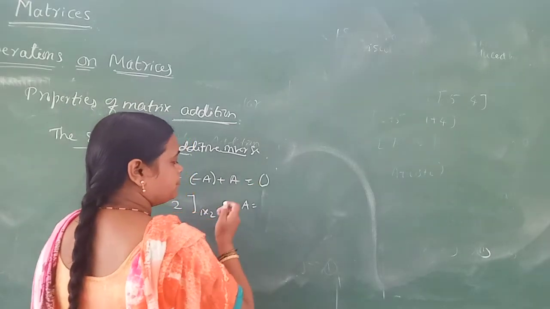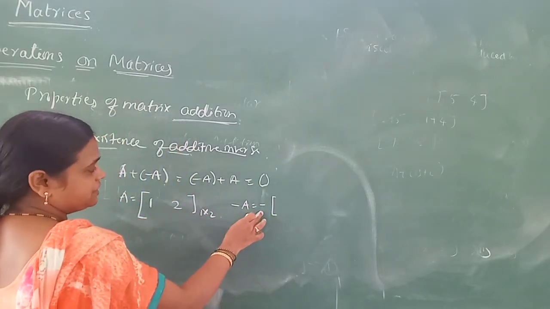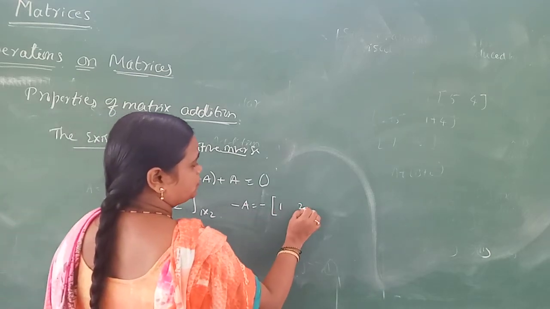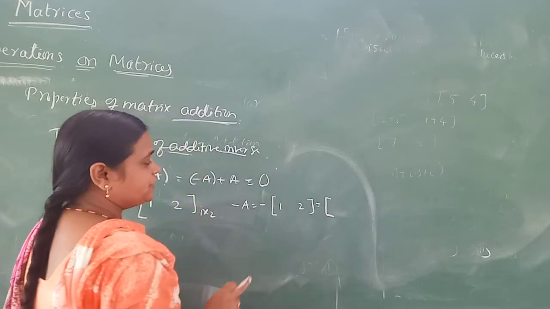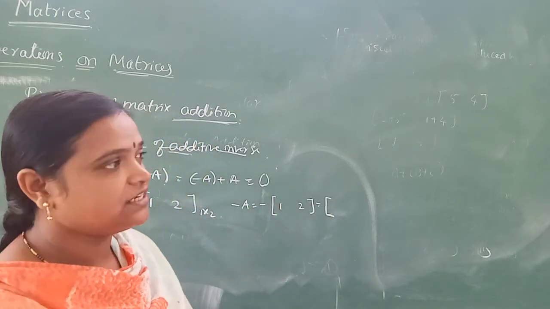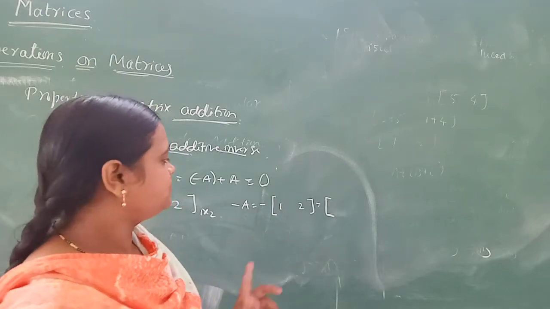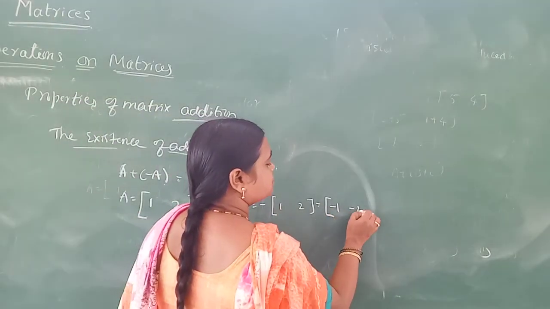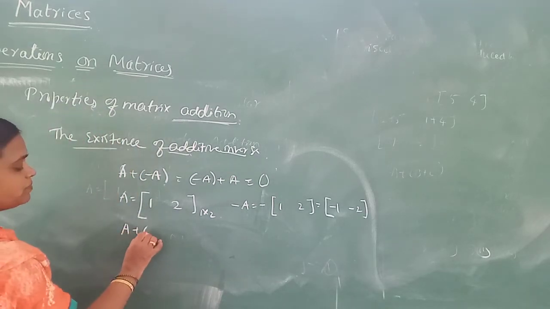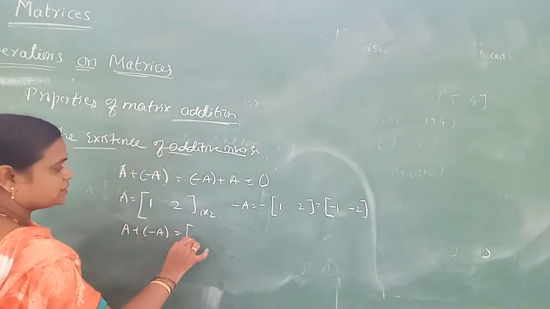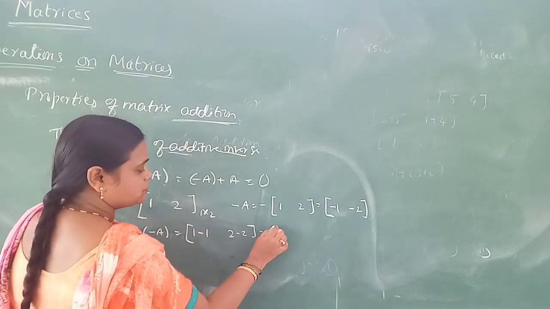Minus is multiplying here. Minus is a scalar, and it is multiplied by each and every element, so we get [-1, -2]. Then A plus (minus A): 1 minus 1, 2 minus 2, we get 0.